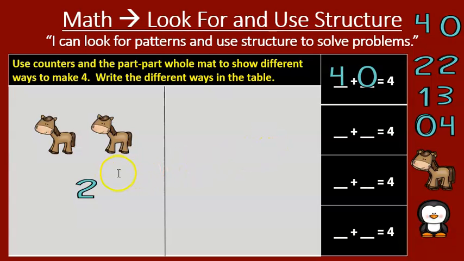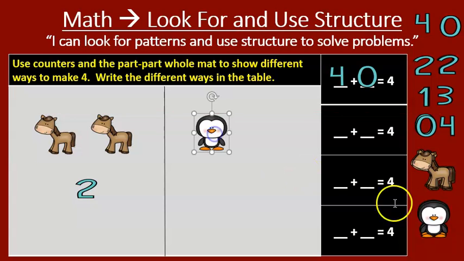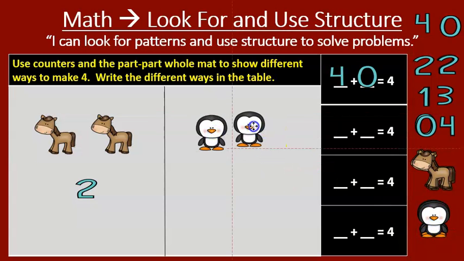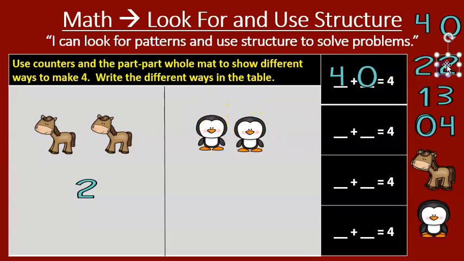So let's count. 2, 3, 4. Okay? Now we have 1, 2, 3, 4. So we're done now, okay? We equal 4. Now how many penguins are right here? Let's count. 1, 2. Okay, so we're going to get 2, and we're going to put 2 here.